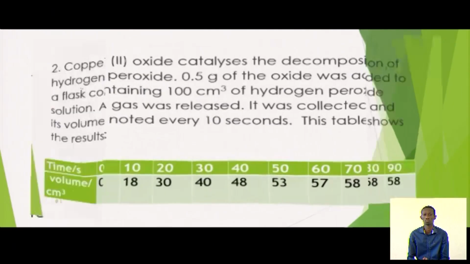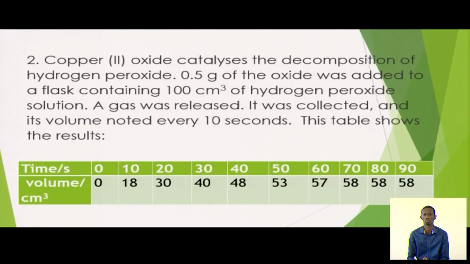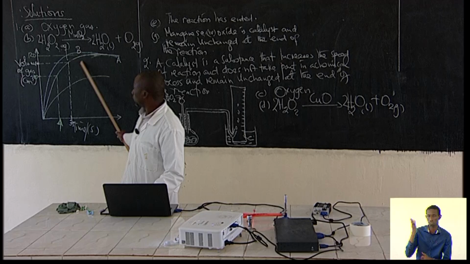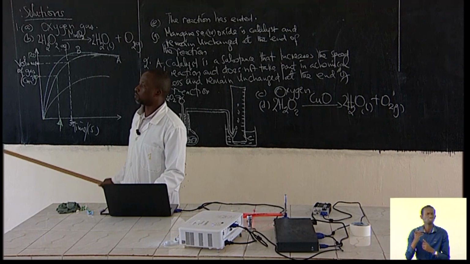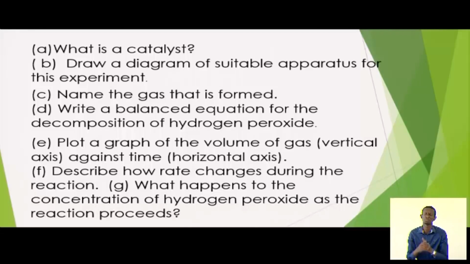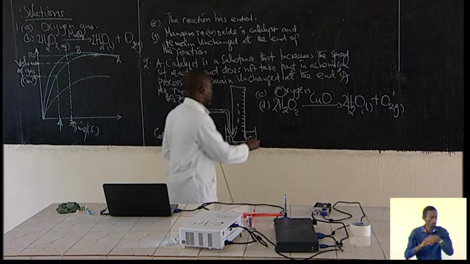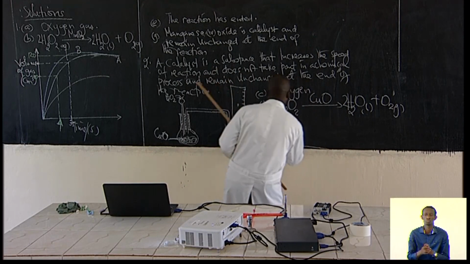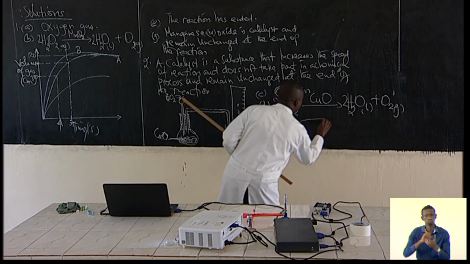Where are we now? The sketch graph is similar to this one. If you're plotting a sketch graph against time, it moves in the same way, so it is similar.